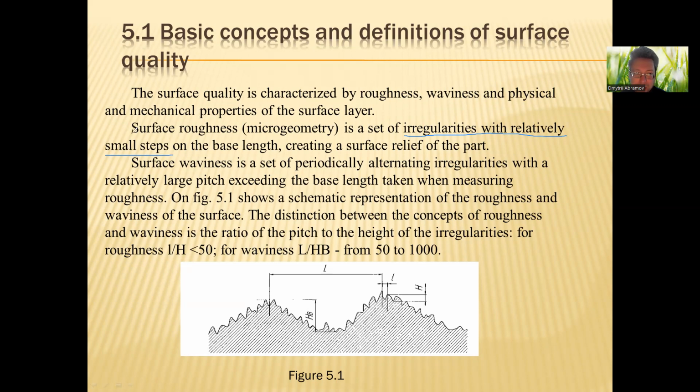Write down to your notes what is the surface roughness. Surface roughness, it's microgeometry, is a set of irregularities with relatively small steps on the base length, creating a surface relief of the part.